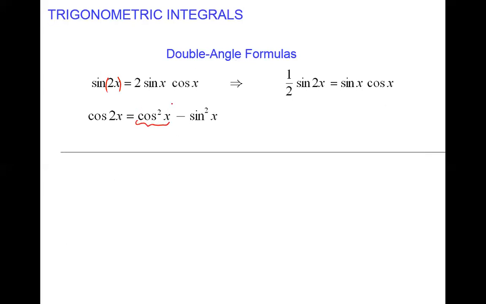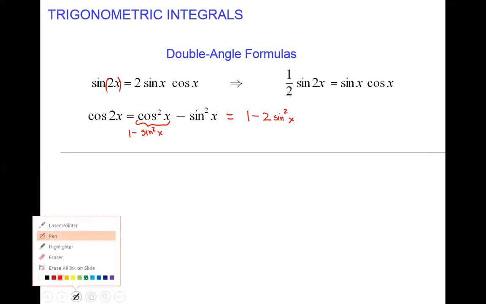I know from the Pythagorean identity that cosine squared of x is 1 minus sine squared of x, which gives me 1 minus sine squared of x and minus another sine squared of x, so 1 minus 2 sine squared of x.